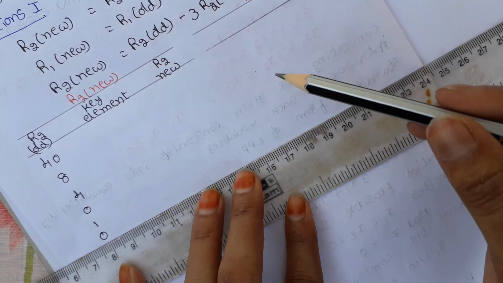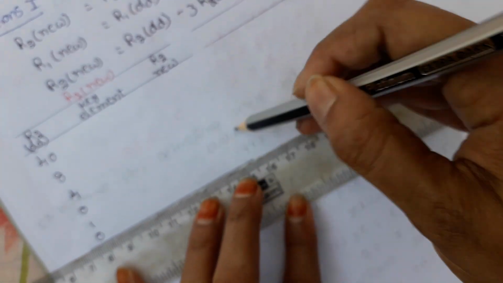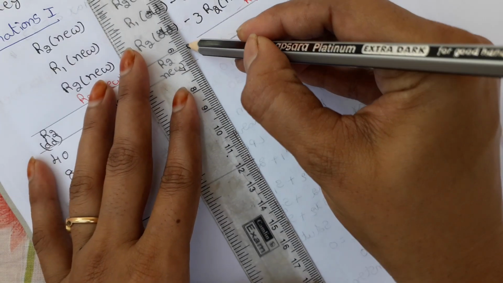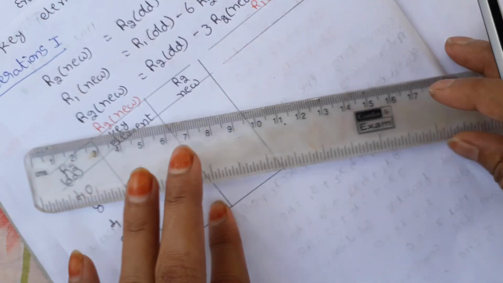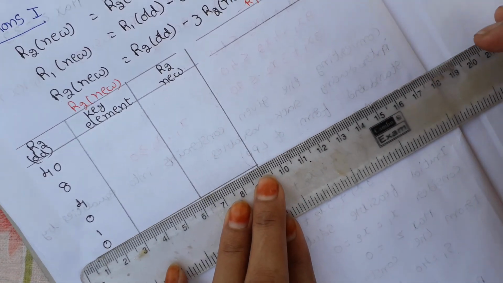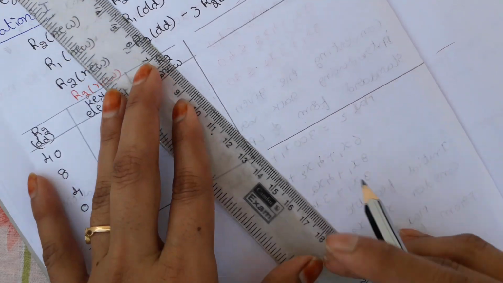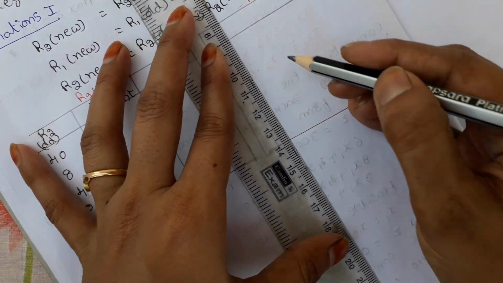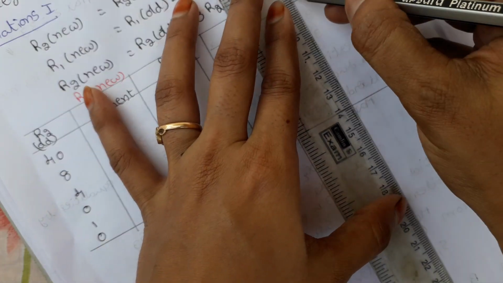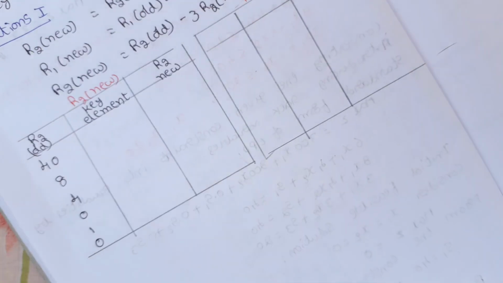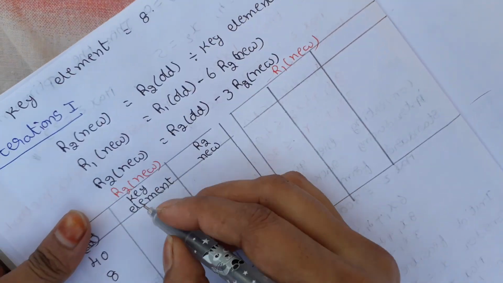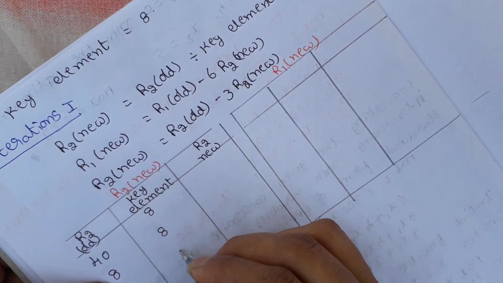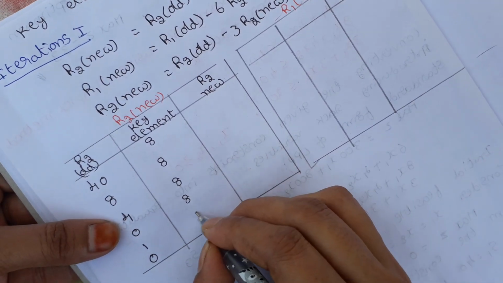We'll close the table. Now what is the key element? The key element is 8. So all values we will divide by 8.